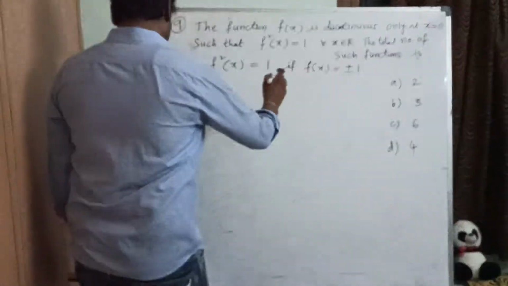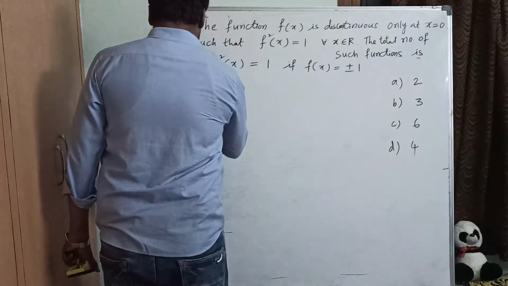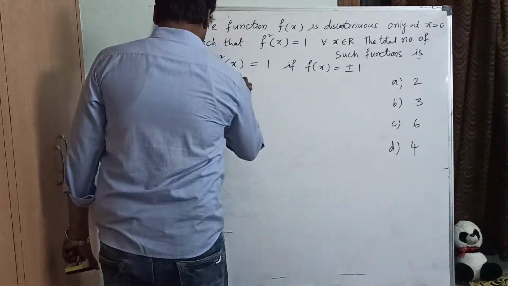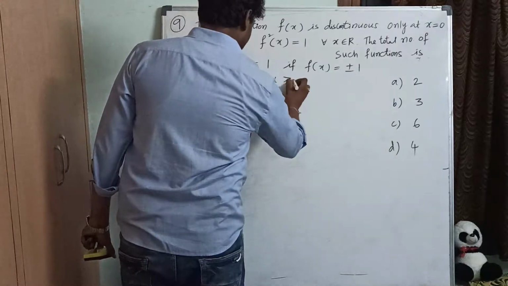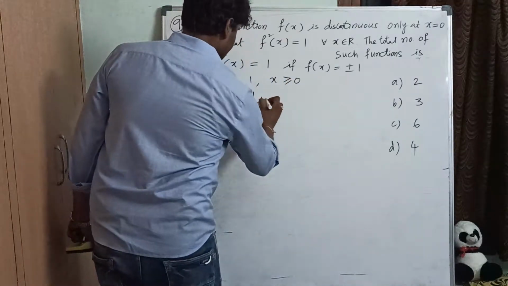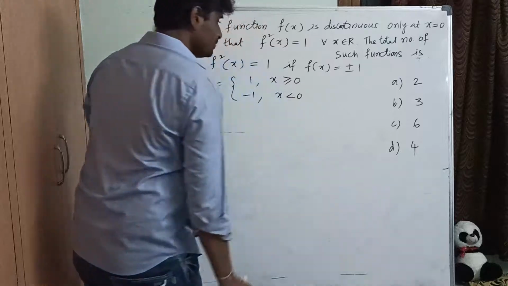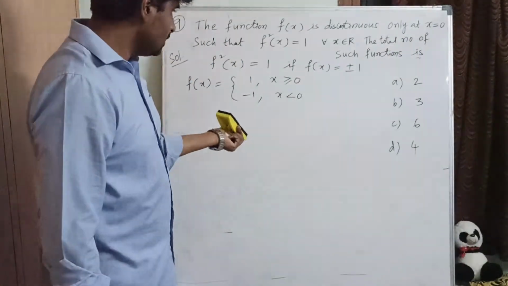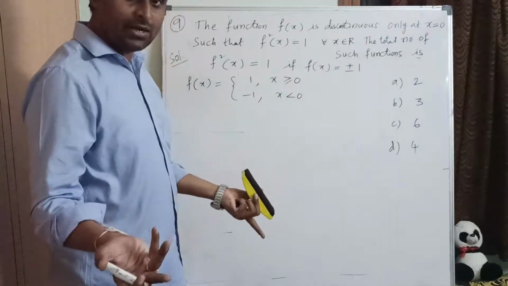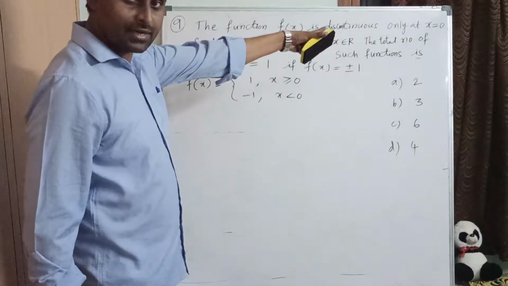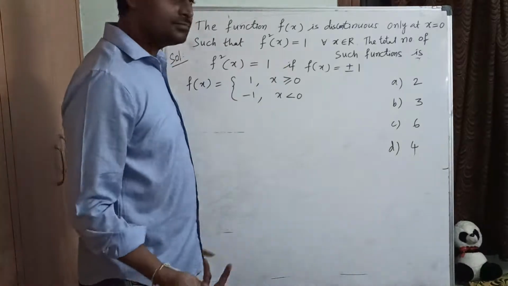Can I write f of x equals 1 for x greater than or equal to 0, and minus 1 for x less than 0? Is this correct? Here LHL is minus 1, RHL is plus 1, both are not equal, so it is discontinuous, correct? And its square is 1, correct?